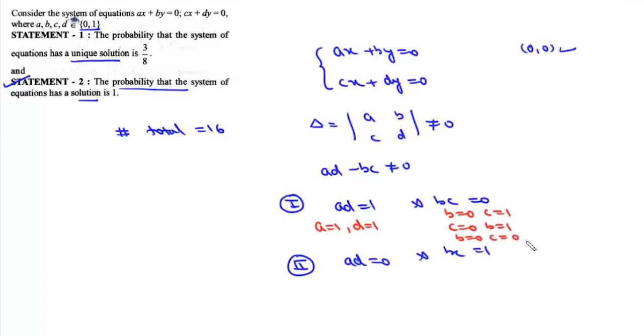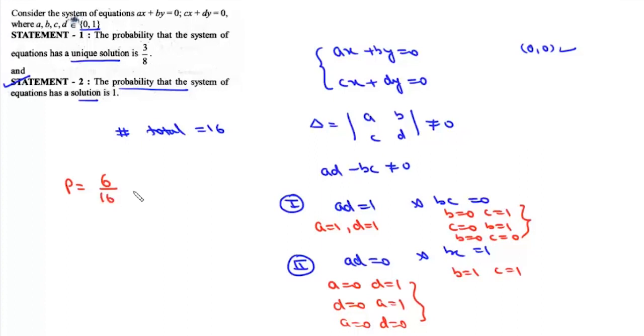Here we have bc as 1, so b should be 1 and c should be 1, and here we'll have either a0 d1, d0 a1, or both of them 0. Altogether we have 6 cases when the determinant is non-zero. So the required probability will be 6 by 16, which is 3 by 8. That means statement 1 is correct.